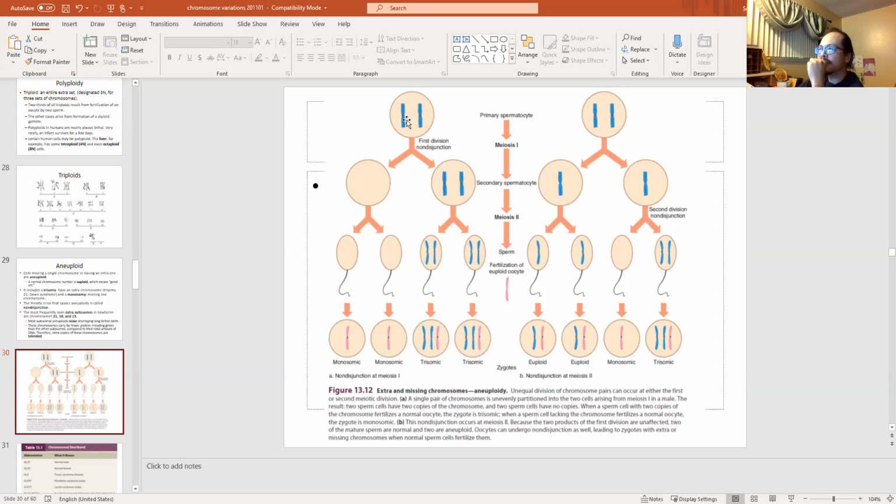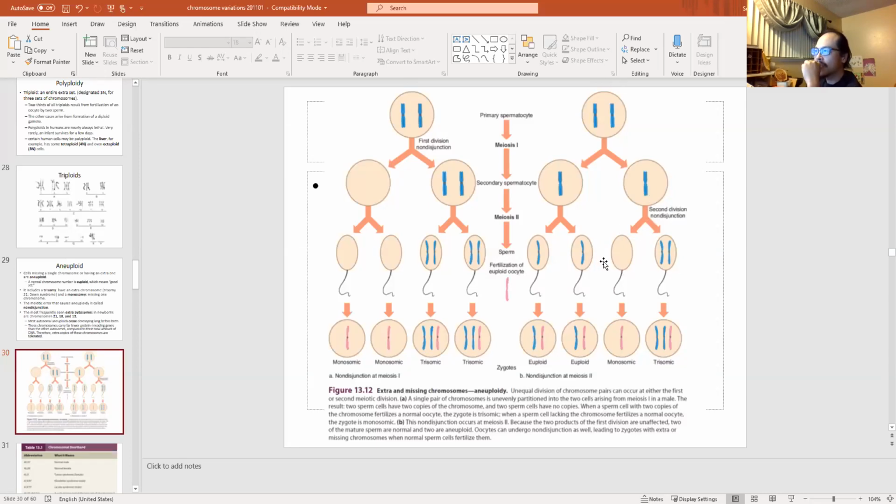Here you split, you're supposed to split into two, but you got one empty, and these two got extra. Or you may have something like this: the first division, the first meiosis, is fine, then the second meiosis doesn't really split.